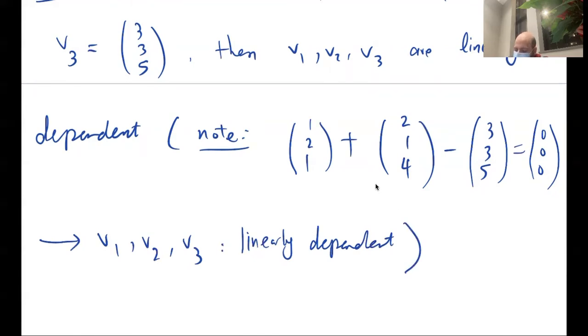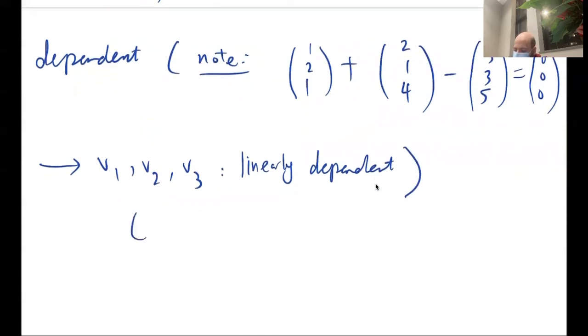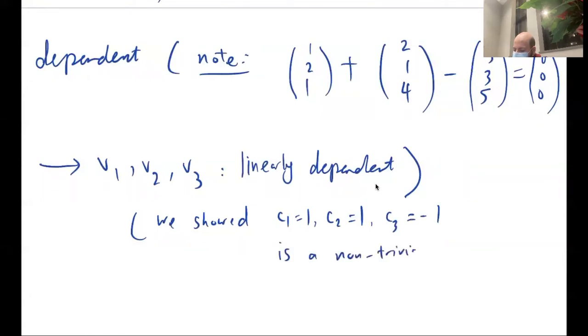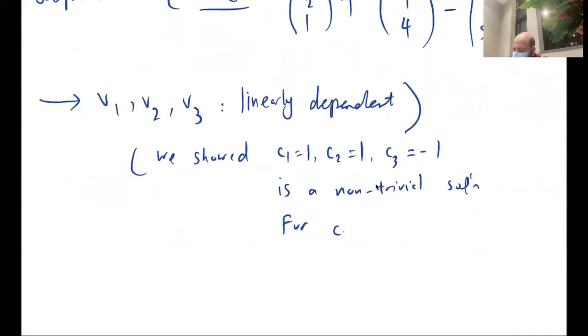So here we showed C1 equals 1, C2 equals 1, C3 equals -1 is a non-trivial solution for C1 V1 plus C2 V2 plus C3 V3 equals 0.